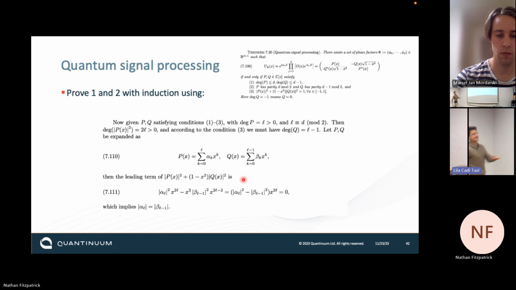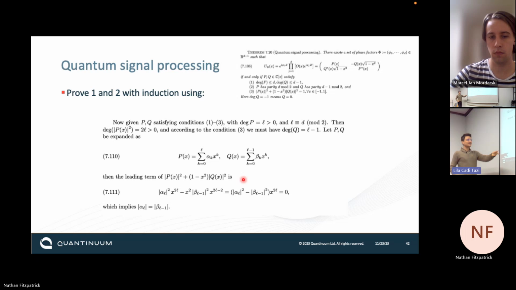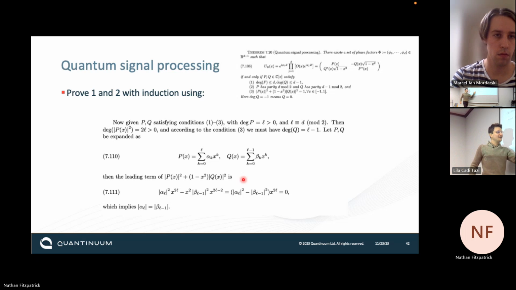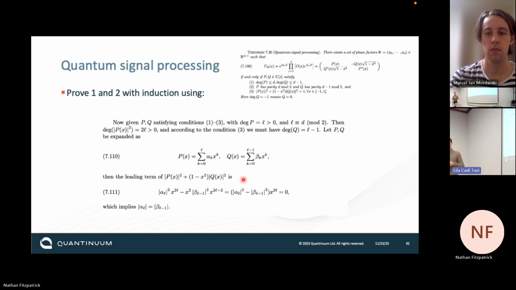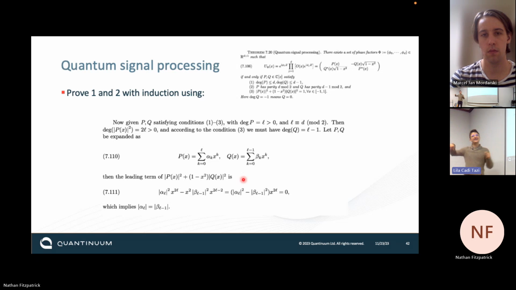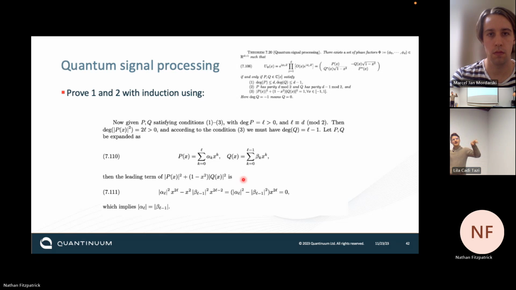You can already see it because it has to be equal to 1 on that point. When polynomials equal constants on an interval, they must be constants, right? Polynomials vary. So on the interval x from minus 1 to 1, it's all equal to 1.